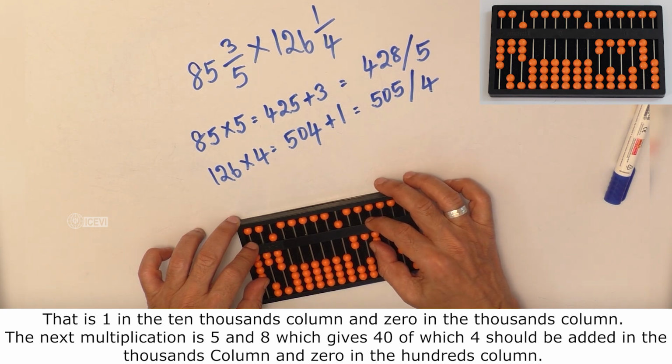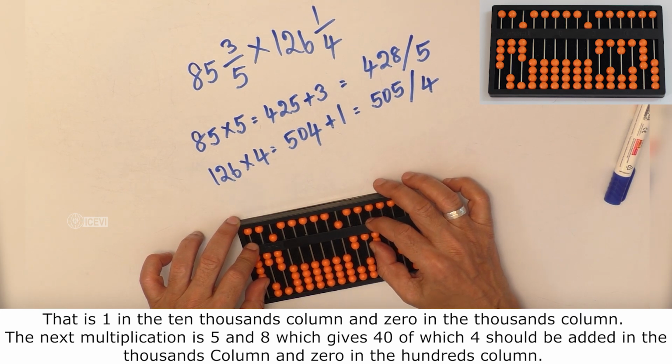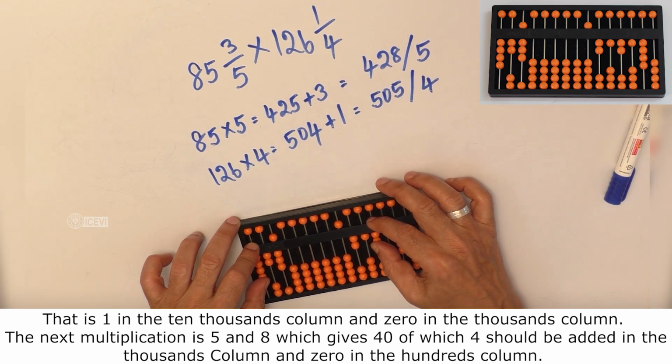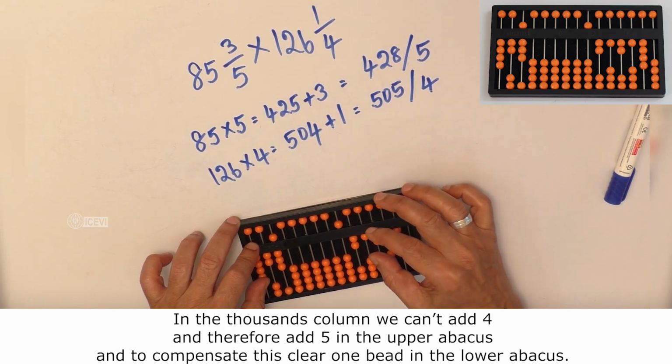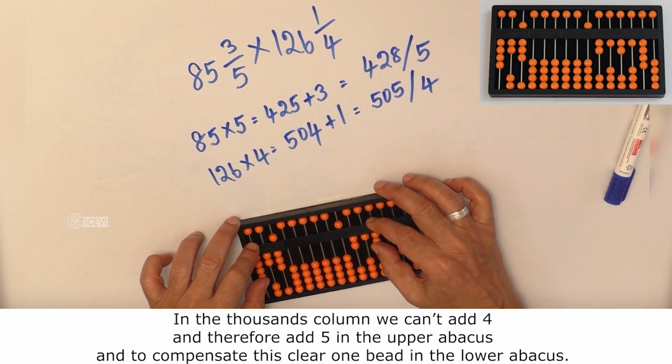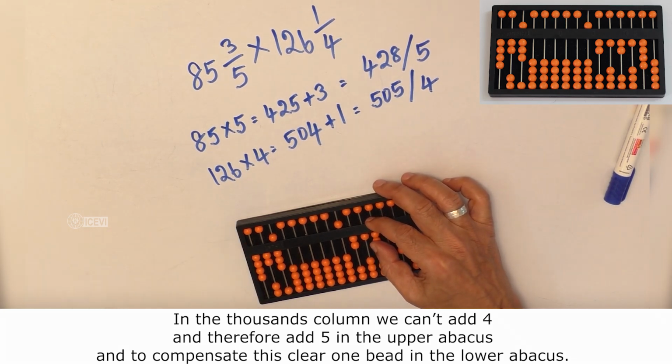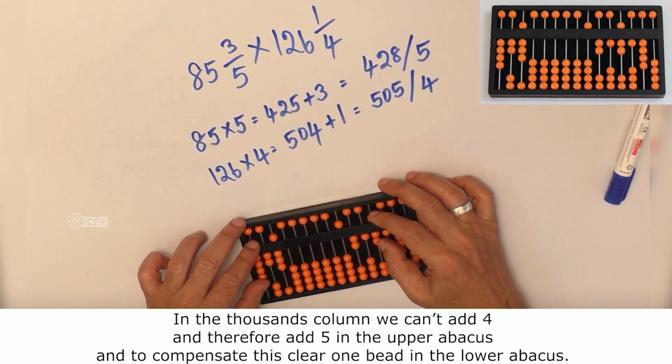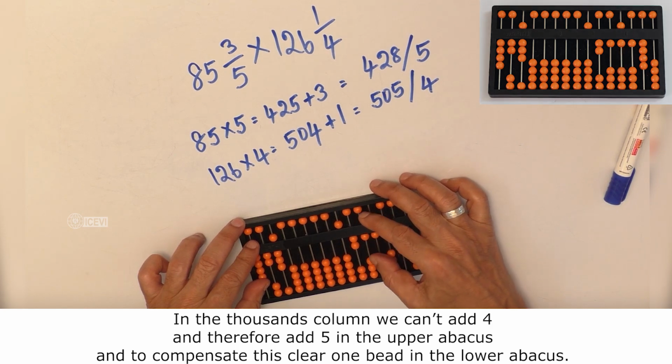The next multiplication is 5 and 8, which gives 40, of which 4 should be added in the thousands column and 0 in the hundreds column. In the thousands column, we can't add 4 and therefore add 5 in the upper abacus, and to compensate this, clear one bead in the lower abacus.